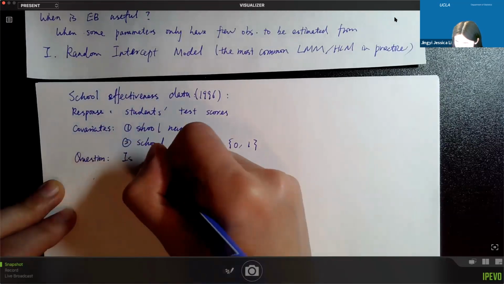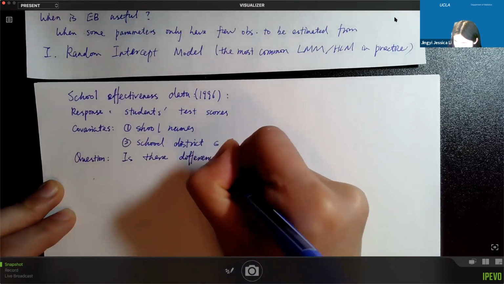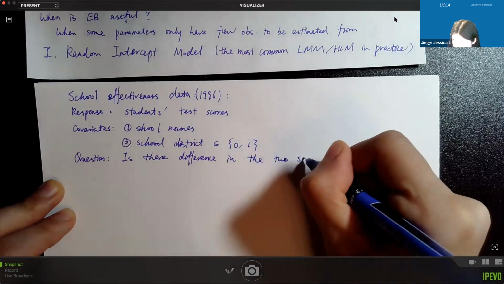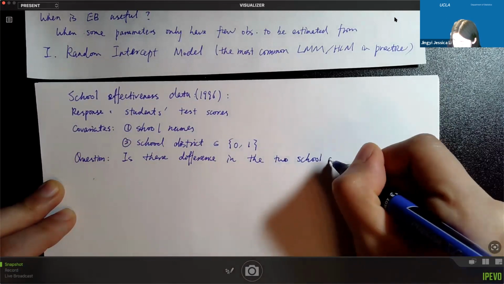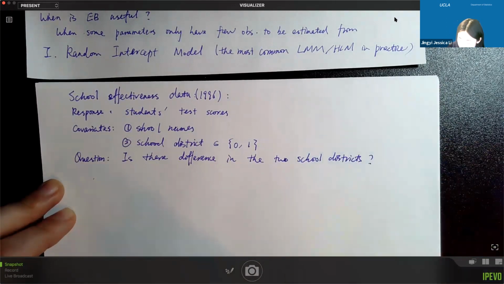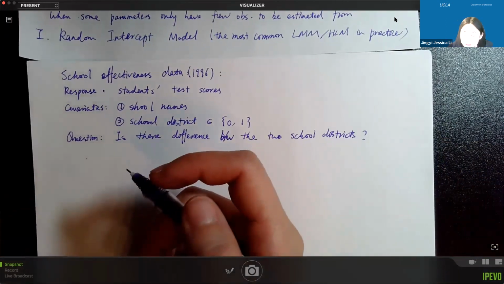is there a difference in the two school districts? Or is there any difference between the two school districts? That's the question. So then how do we formulate this question?